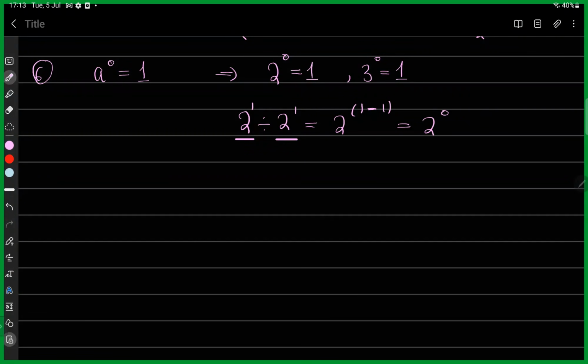So the rule says that if you have any number, it could be 1, 2, 3, 4, 5, 6. It could be a negative number as well. If you have any number power 0, the value is going to be 1. Okay. For example, let me just state a few examples and then we'll talk about why it is 1.